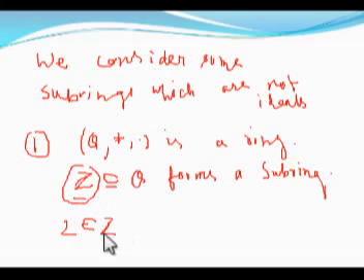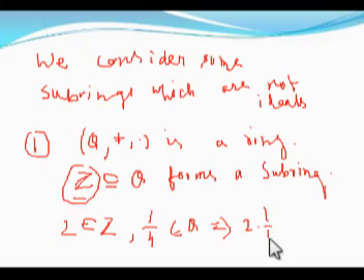But if we take 1 by 4, which is a rational number belonging to Q, the set of rationals, then the product of these two, multiplying 1 by 4, this is the right ideal, will be 1 by 2, which does not belong to the set of integers.